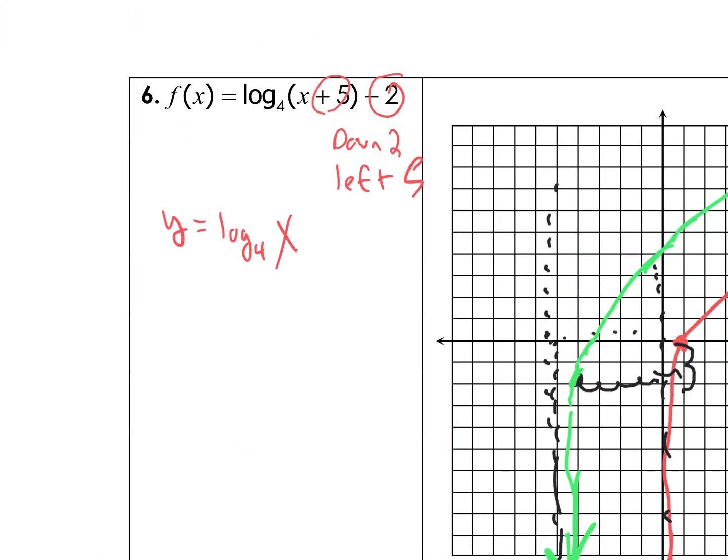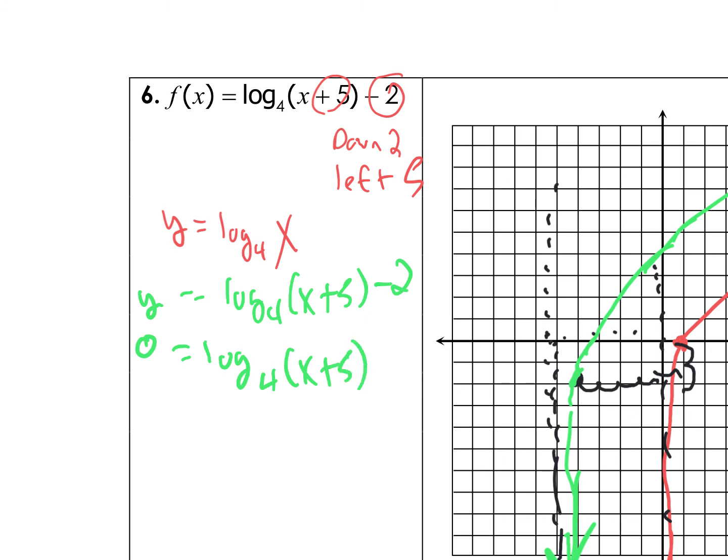Original problem. y equals log base 4 of x plus 5, minus 2. Make that the 0, like we did before. 0 equals log base 4 of x plus 5, minus 2.